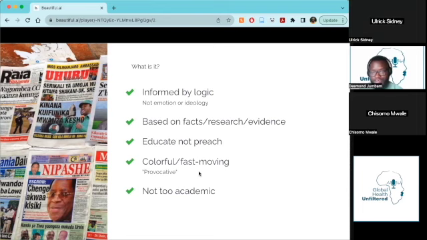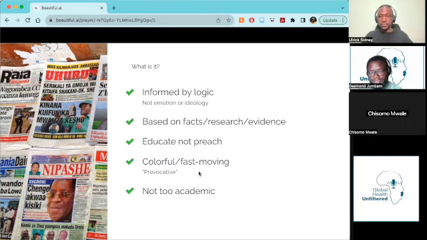It's colorful and fast moving, right? And I put provocative here. And what I mean by provocative is it has to be interesting. If you're writing an opinion piece that just says your opinion is that health is good, sure, you'll find few people that would disagree with that, but it's hardly an interesting opinion, right?